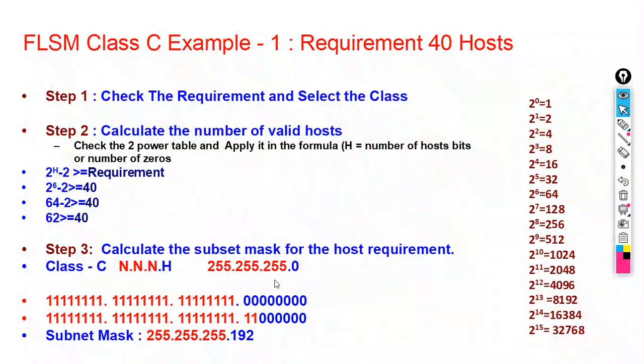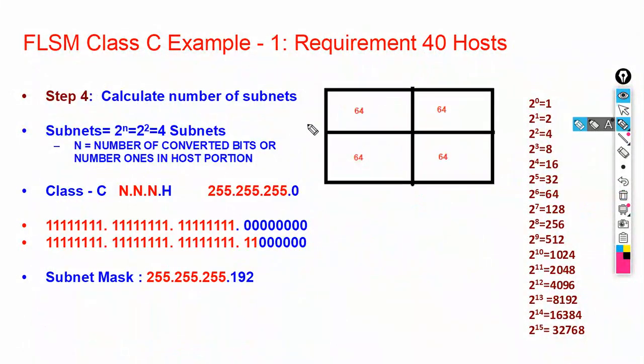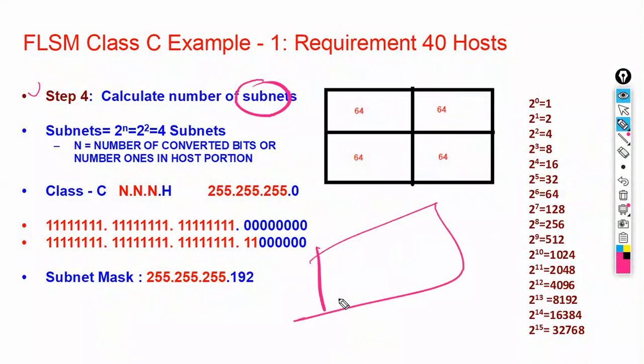After calculating the subnet mask, we need to calculate how many subnets we get. So guys, what we are doing in subnetting, we are dividing one single network into multiple smaller networks, but we don't know how many subnets we are going to get. We need to calculate it. What is the formula to calculate the number of subnets? We have just seen the formula. 2 power n, and where will you get this n value?